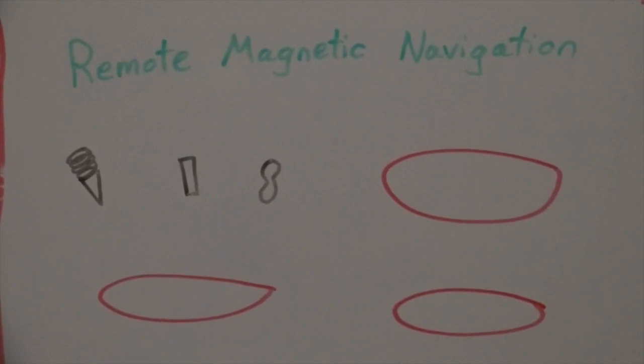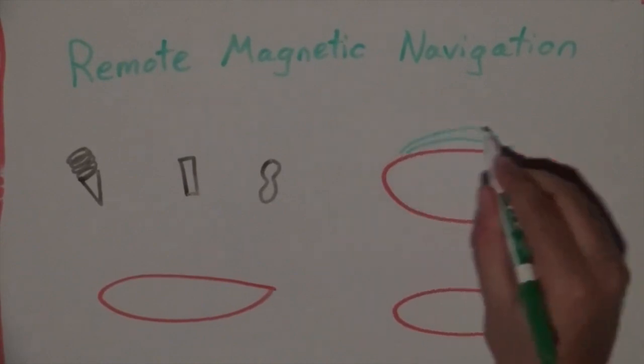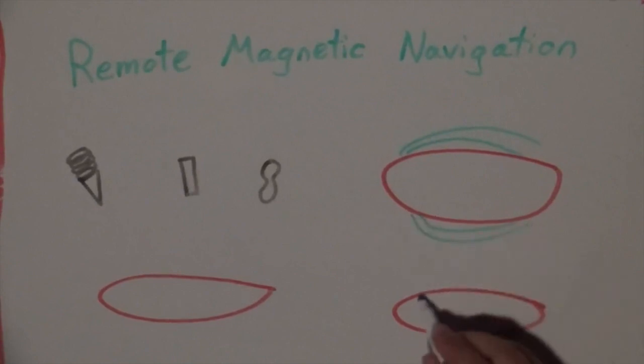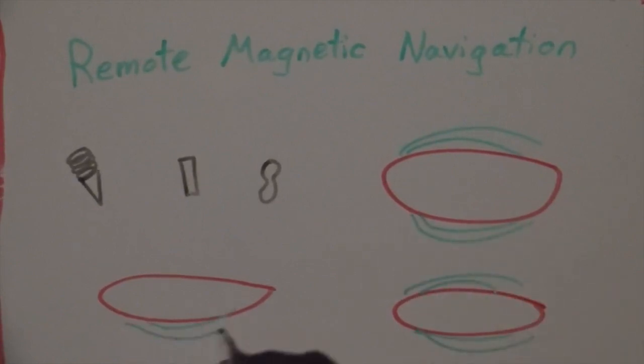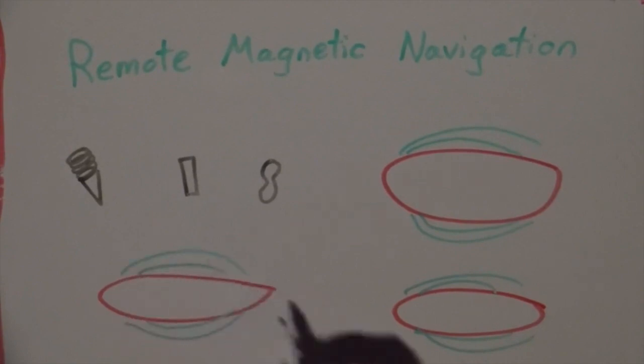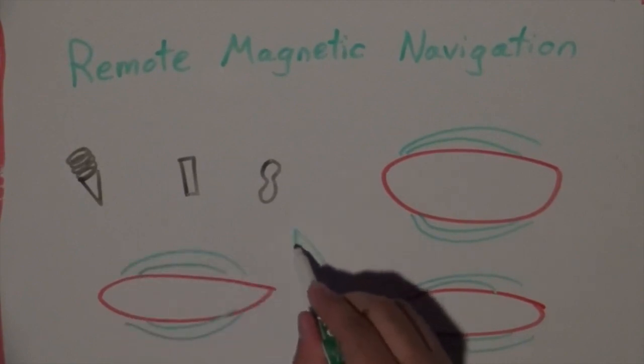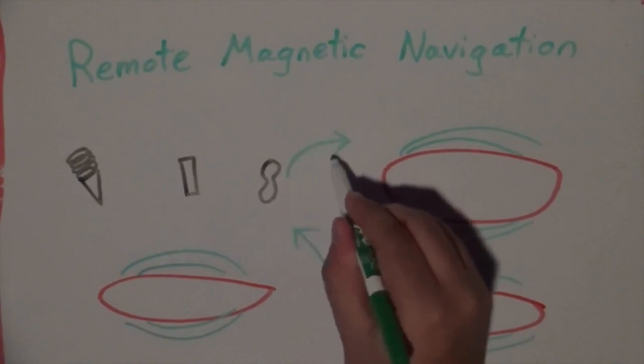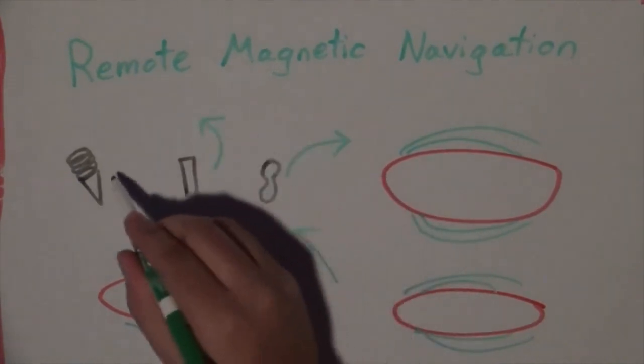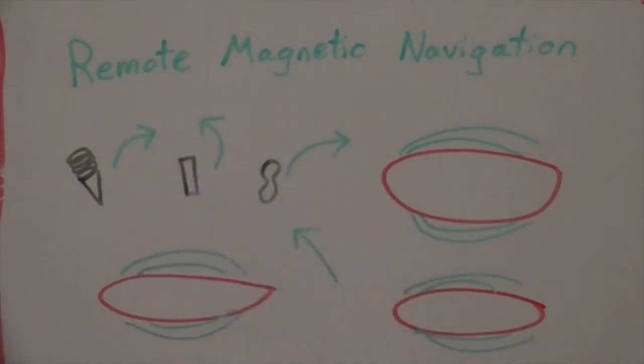By doing this, short distances are constantly being controlled from a coil-based field generator in order to determine exactly where and how the instrument is going inside the patient's body. Remote magnetic navigation allows for the precise movement of conductive objects inside a patient's body without the need for invasive procedures.